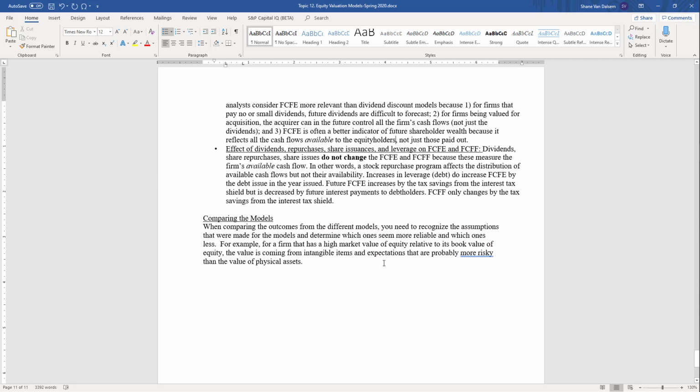When comparing the outcomes from the different models, you need to recognize the assumptions that were made for the models and determine which ones seem more reliable and which ones less. For example, for a firm that has a high market value of equity relative to its book value of equity, the value is coming from the intangible items and expectations that are probably more risky than the value of the physical assets.